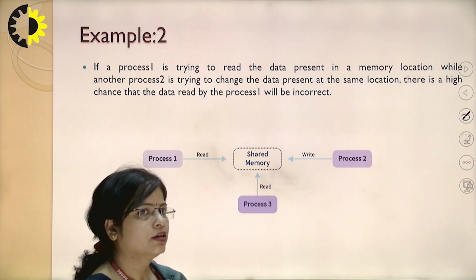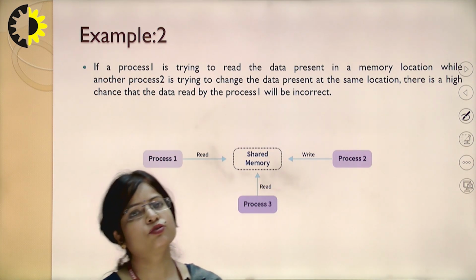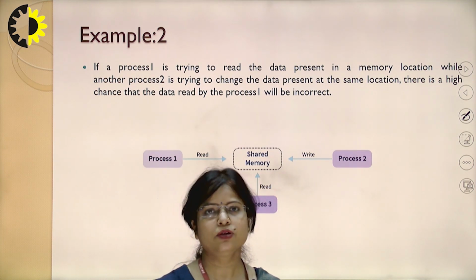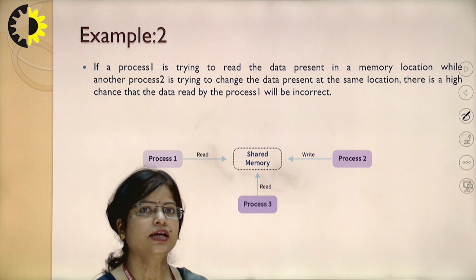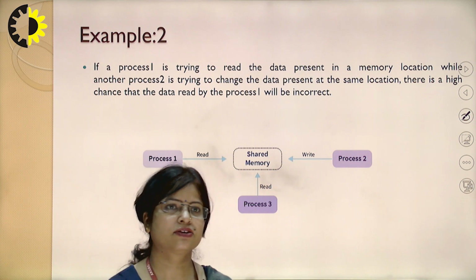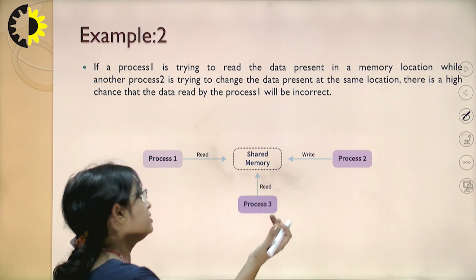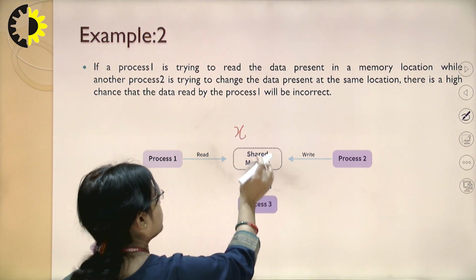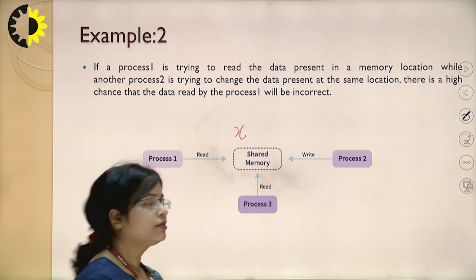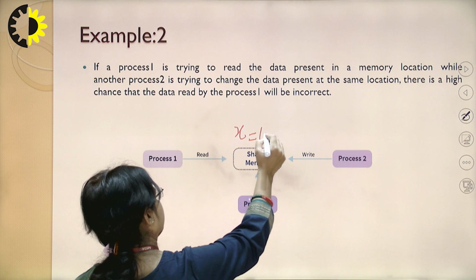So, the next example is, if process 1 is trying to read the data present in a memory location, while another process 2 is trying to change the data present at the same location, there is a high chance that the data read by the process will be incorrect. Similarly, suppose some variable X is stored at some memory location and the value of X is 100.